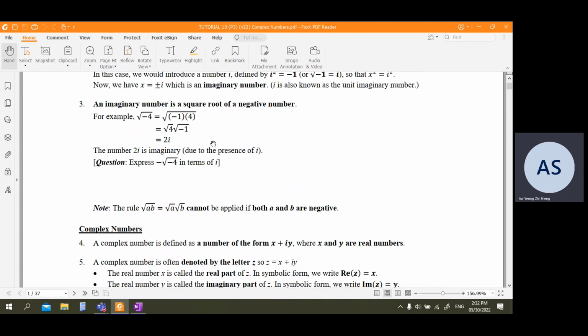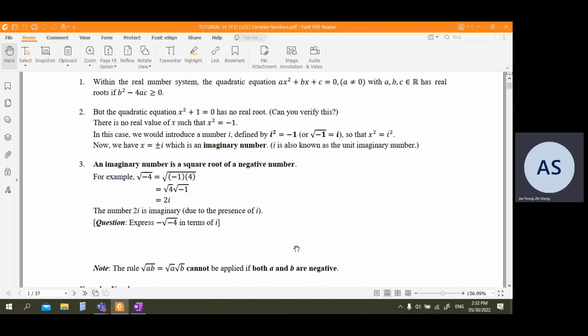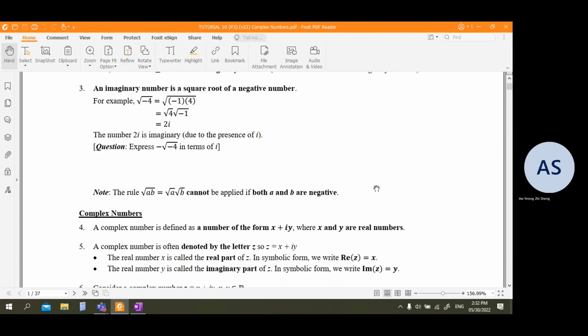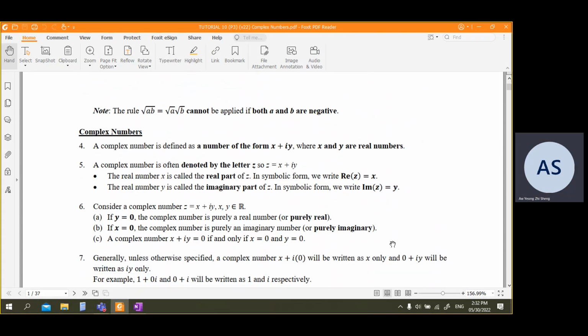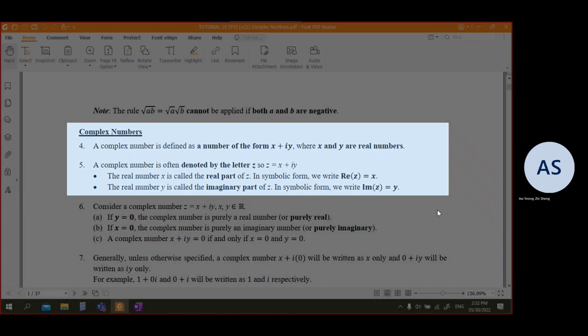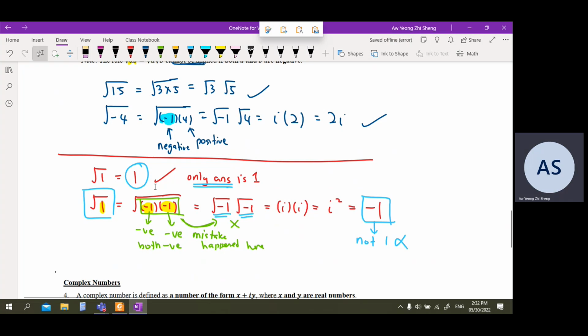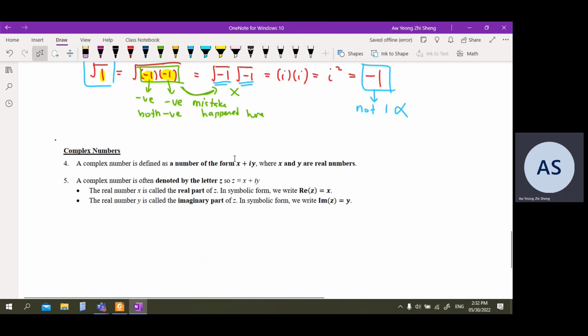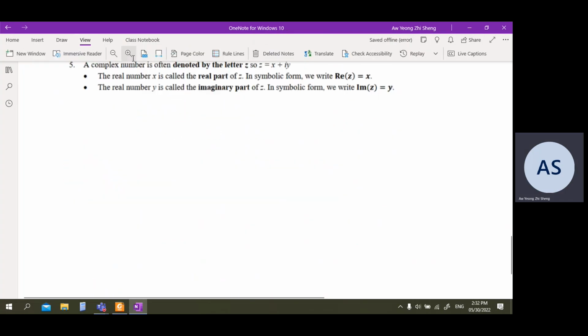Earlier we learned about imaginary numbers, so any number that contains i, it can be i alone or some coefficient times i, is known as an imaginary number. Now, let's learn about complex numbers. A complex number is defined as a number of the form x plus iy.